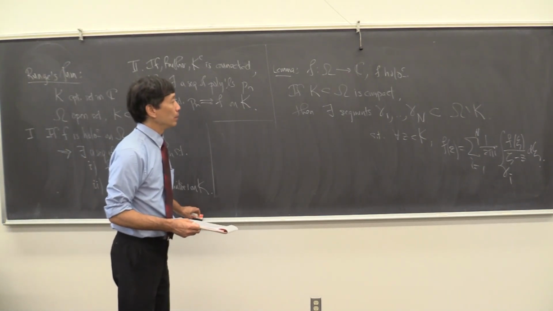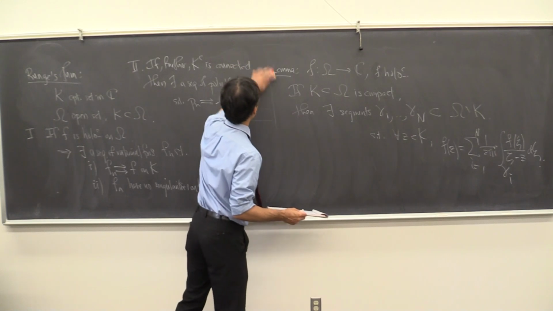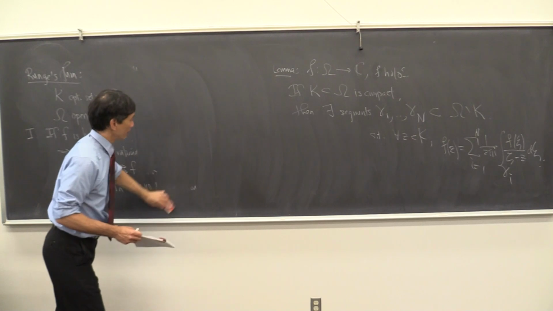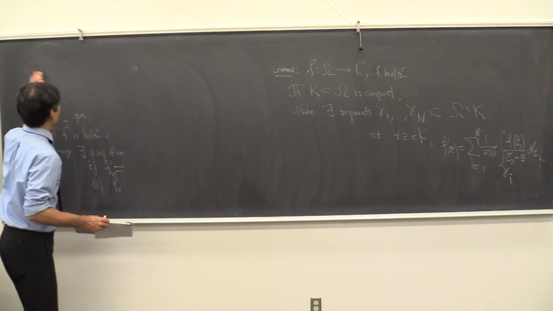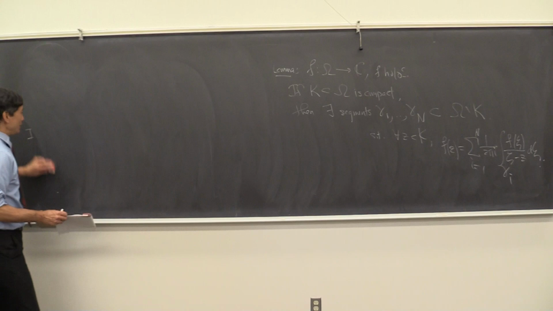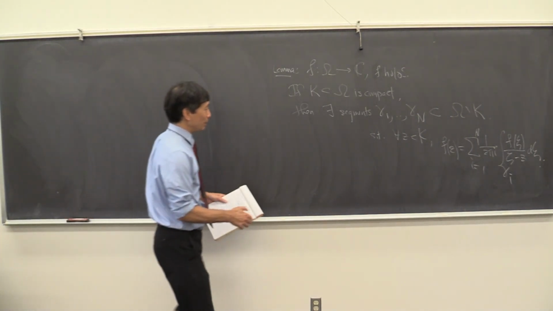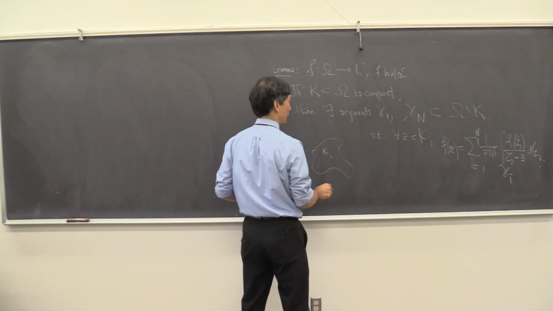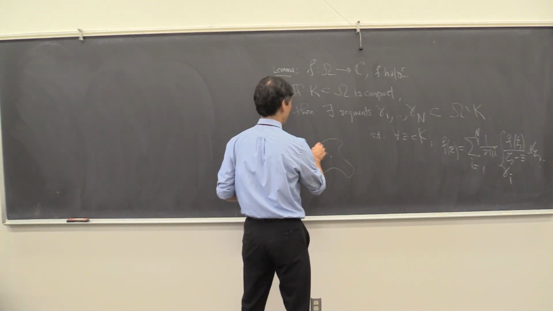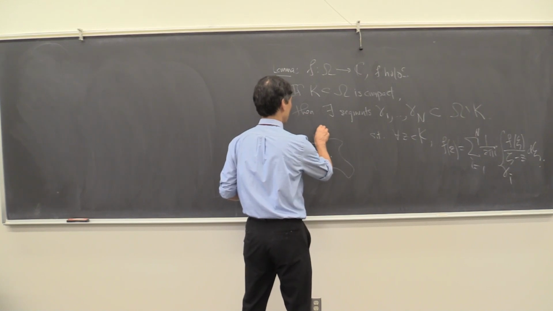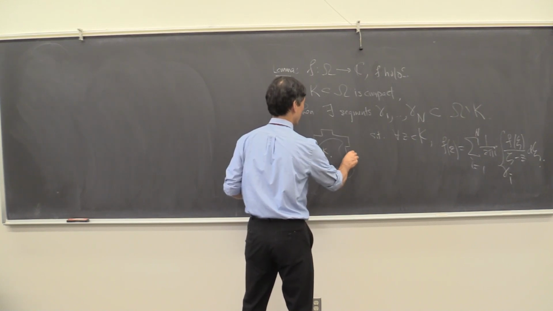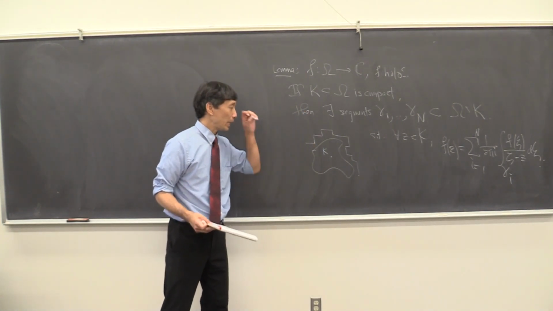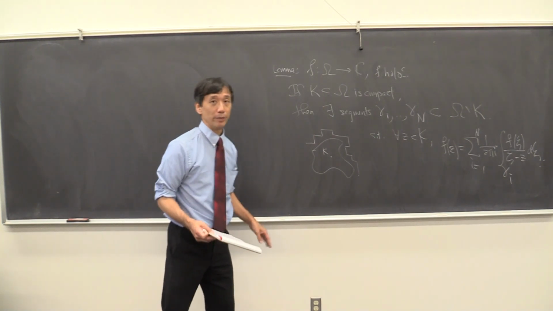So you've seen this in the book. You have your compact set K, and there's going to be some collection of segments that go around it, that you can integrate over to get the values of f inside.